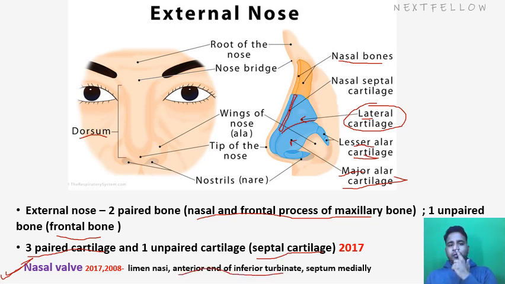So we all know the inferior turbinate starts here. The anterior end of the inferior turbinate comes laterally. Medially it is the septum, and above is the lower part of the upper lateral cartilage. This is the upper lateral cartilage. So try to remember how this nasal wall area is formed.